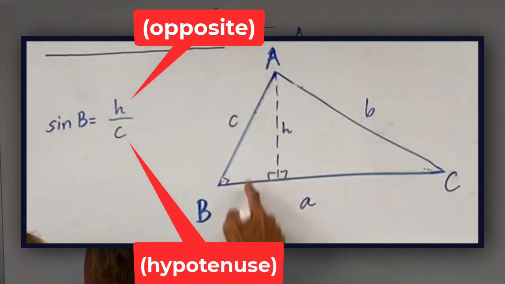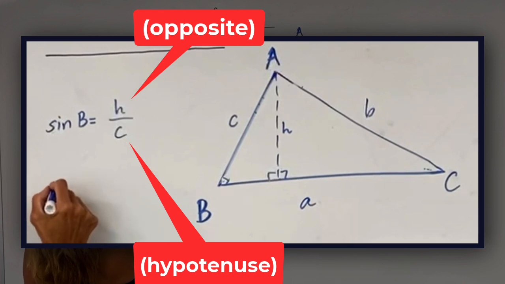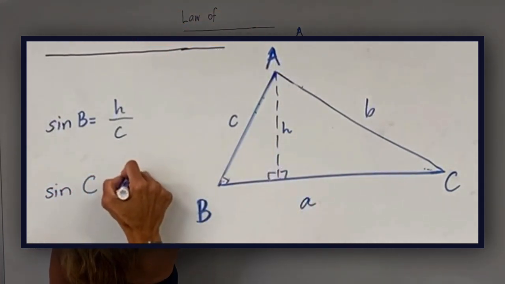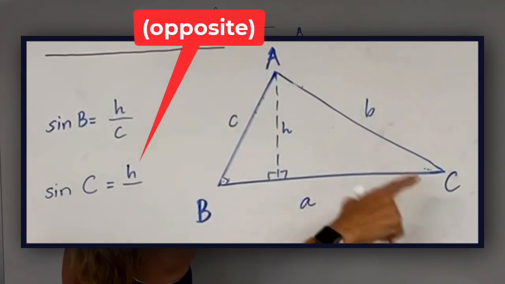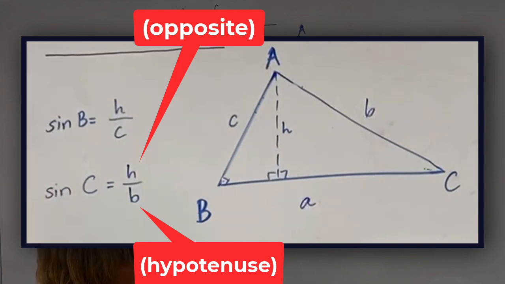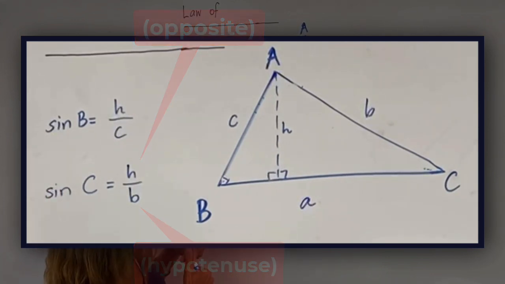If I focus on this triangle, we'll notice that sine of angle C is this height, the opposite side to that angle, divided by B. So there's two relationships we have right there.